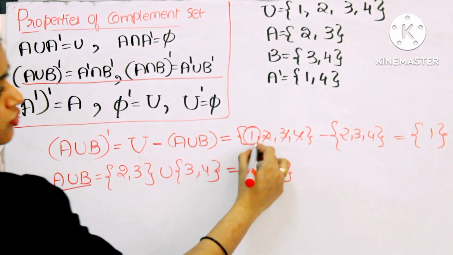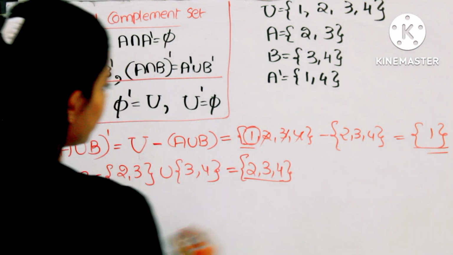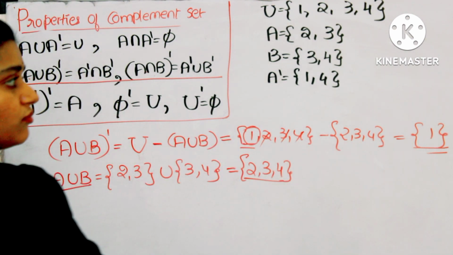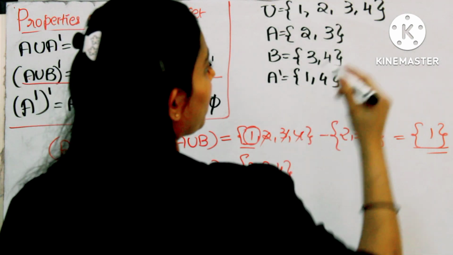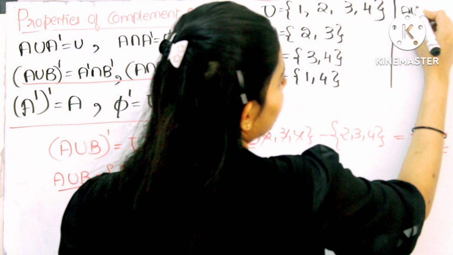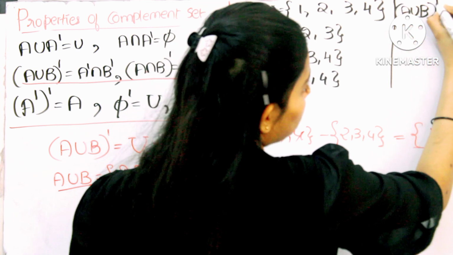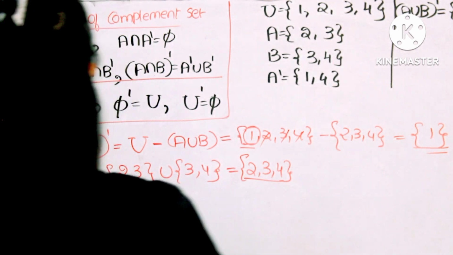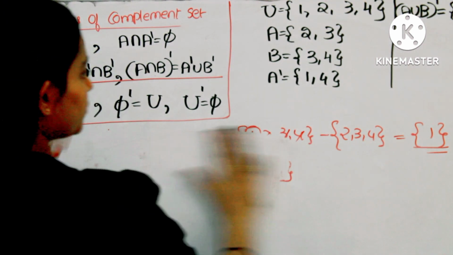So what is remaining? 1 is remaining. Therefore, A union B whole complement is 1.